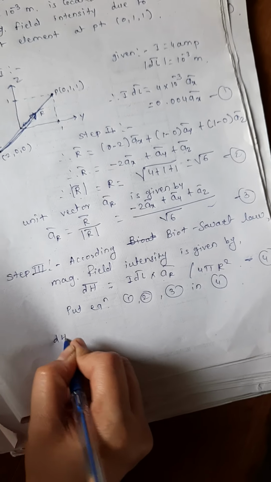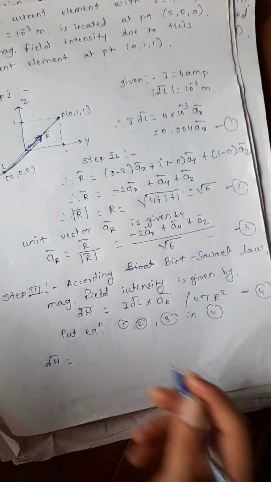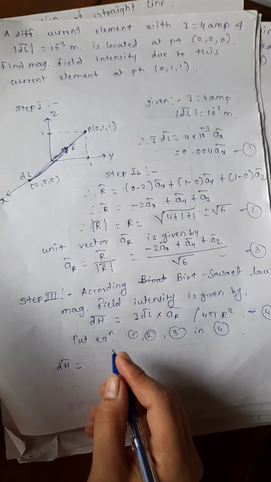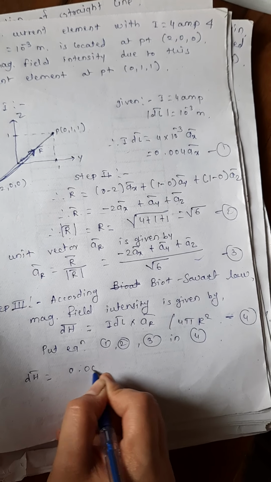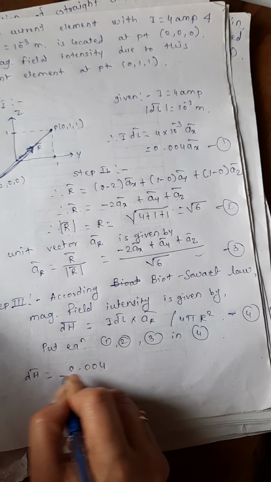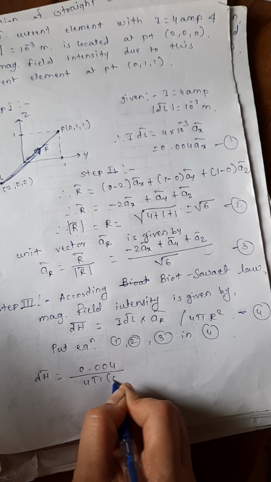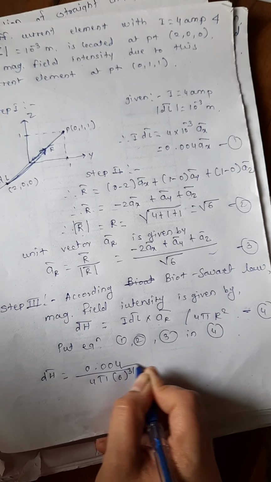So dH bar is equal to, we have the value of I dl bar, so it is 0.004 by 4 pi into 6 raised to 3 by 2.